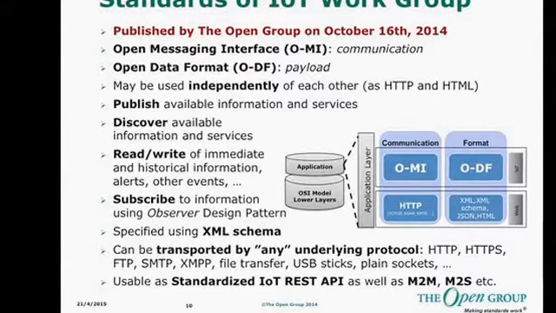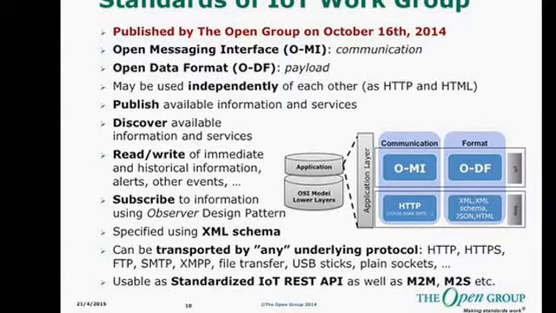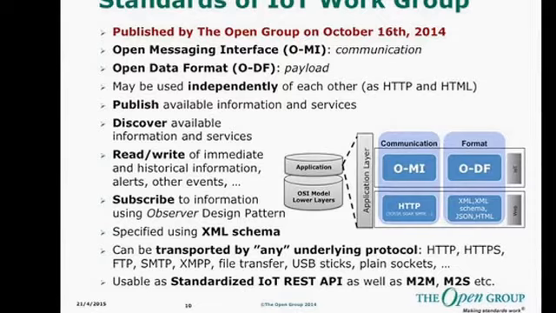So usually we are using HTTP or HTTPS, but you can actually run OMI and ODF also over FTP, SMTP, XMPP, file transfer, even send them on USB sticks, plain sockets, and so on. Now, this is quite important in the sense that you can use OMI and ODF both as standardized IoT REST APIs, as well as using them for machine-to-machine communication, as well as machine-to-system communication, system-to-machine, and so on and so on.